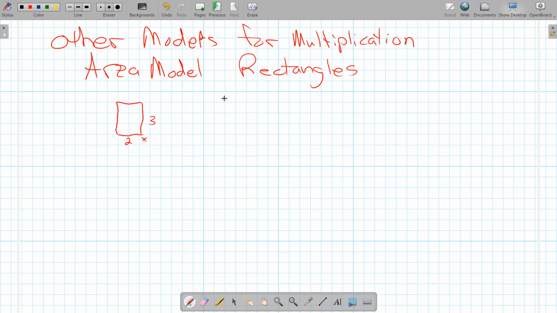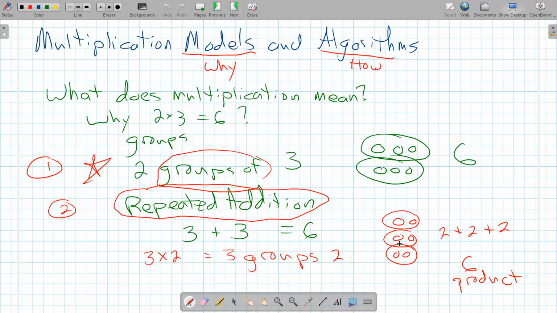And I think of area as base times height. Some people think about it as length times width. That's okay too. And so here I have a base of 2 and a height of 3 in my picture. And then when I look at my picture, thinking about area, I see 6 squares in there. And that's kind of like this picture over here.